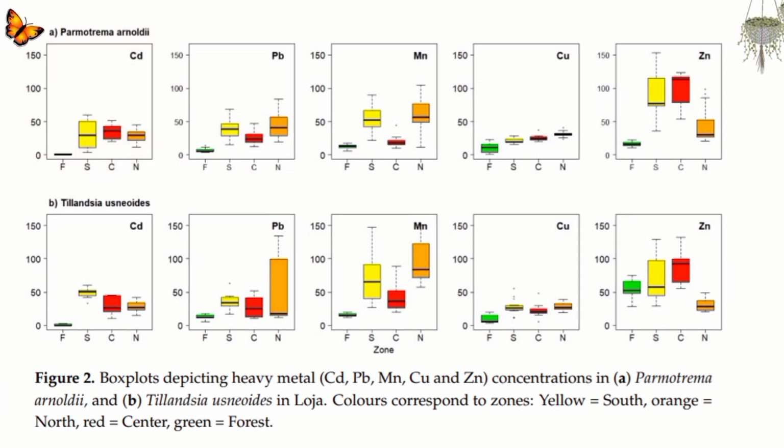The result of the LMM shows that the concentration of heavy metals in Parmotrema arnoldi and Tillandsia usneoides were significantly different in the four zones. This indicates that the concentration of heavy metals in Parmotrema arnoldi, lichen, and Tillandsia usneoides reflects the deposition of heavy metal in the city of Loja.